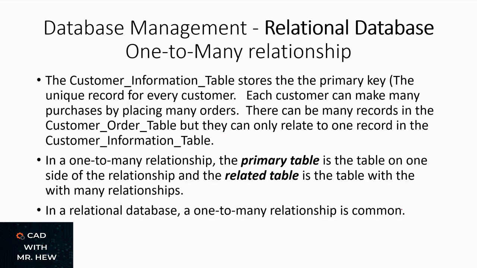In a one-to-many relationship, the primary table is a table on one side of the relationship, and the related table is a table with the many relationships. In a relational database, a one-to-many relationship is common.